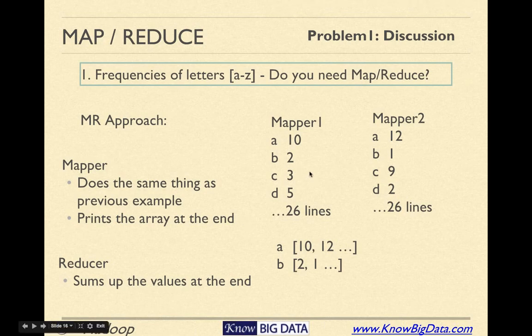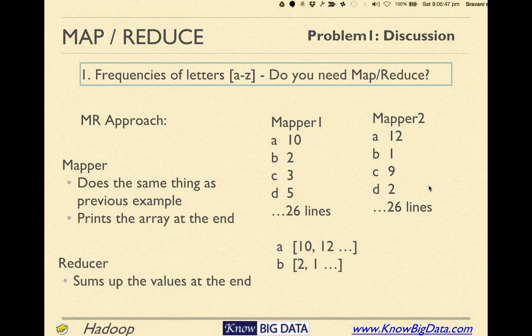So for example, in each mapper, if we convert the text into the frequencies of the letters in that line, then we would get something like this. Mapper 1 will give out the frequencies of the letters it encountered, and mapper 2 will again do the same thing, and so on.